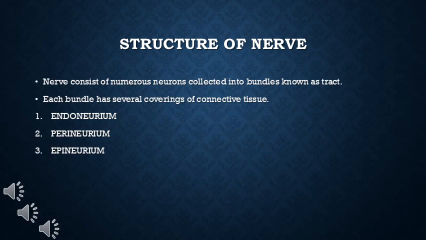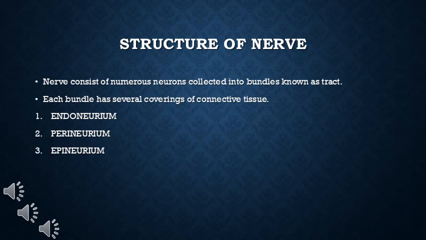So the inside, delicate layer is known as endoneurium. It surrounds the individual fiber. The individual fiber is surrounded by the endoneurium, and after that the perineurium comes, in which more than one fiber is covered. The endoneurium is a continuous layer that goes through the whole individual nerve fiber.